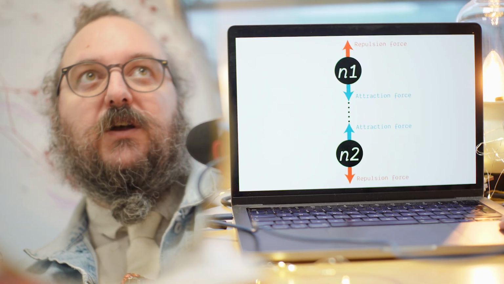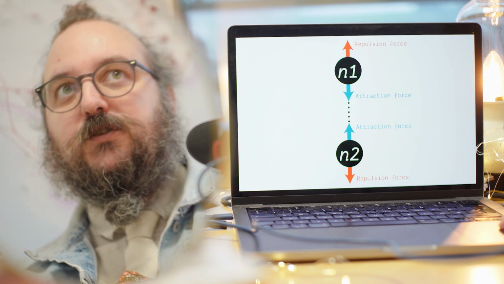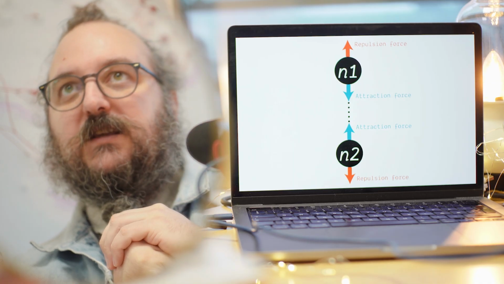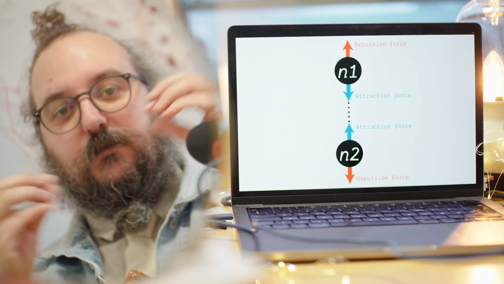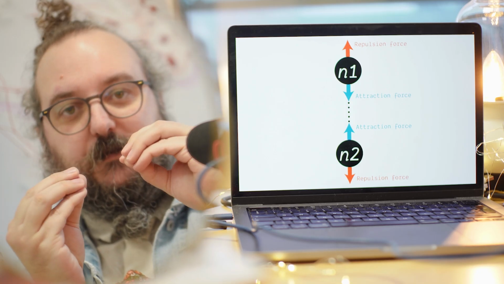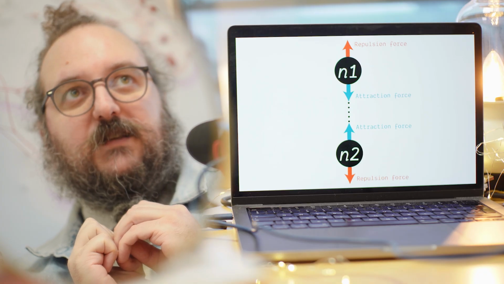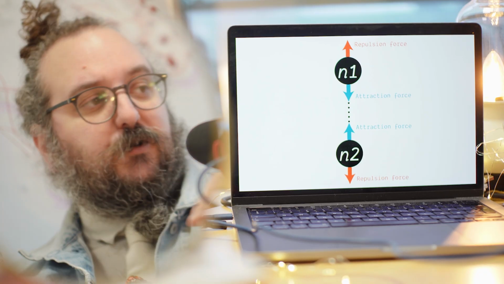It works like a physical simulation. Think of the nodes as little magnets that would repel each other, and think of the links as little springs that would keep the nodes together. So you have two forces in this system, a repulsion force and a spring force, an attraction force.